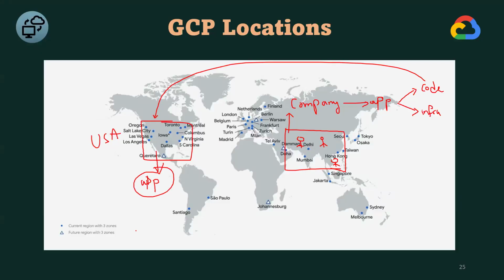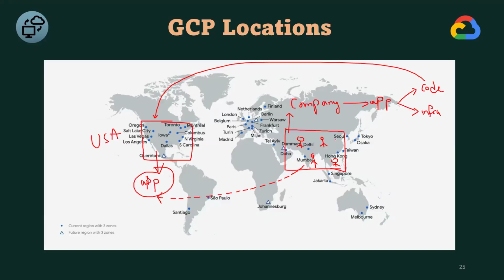Yes, sir. So who are your target users? The Indian people are the target users. Now the Indian people are trying to access this application, and they are going to face a lot of issues.